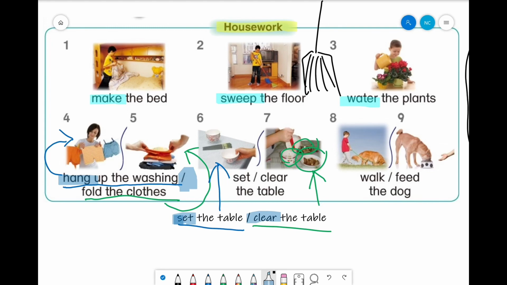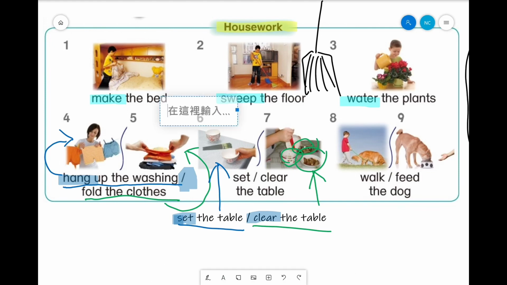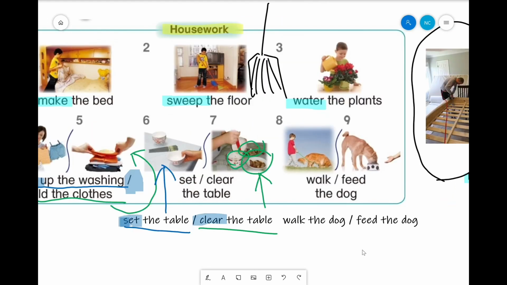Now the next part, number 8 and 9, is walk or feed the dog. So just like 6 and 7, what I really mean here is to walk the dog or feed the dog. Again, we've learned in general study, feed means giving food for the animal to eat.